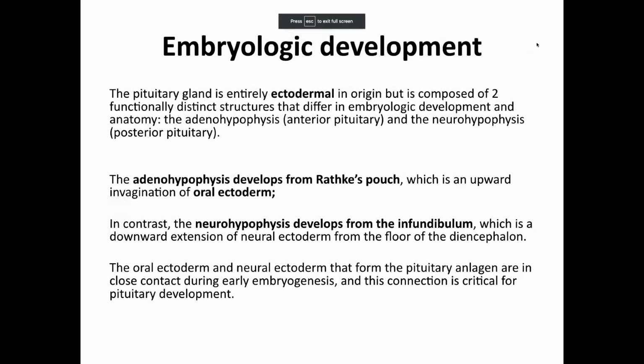Our pituitary gland is entirely derived from ectodermal origin, but we have two functionally distinct structures that differ not just by function but also by anatomy. The adenohypophysis develops from Rathke's pouch, which is oral ectoderm.